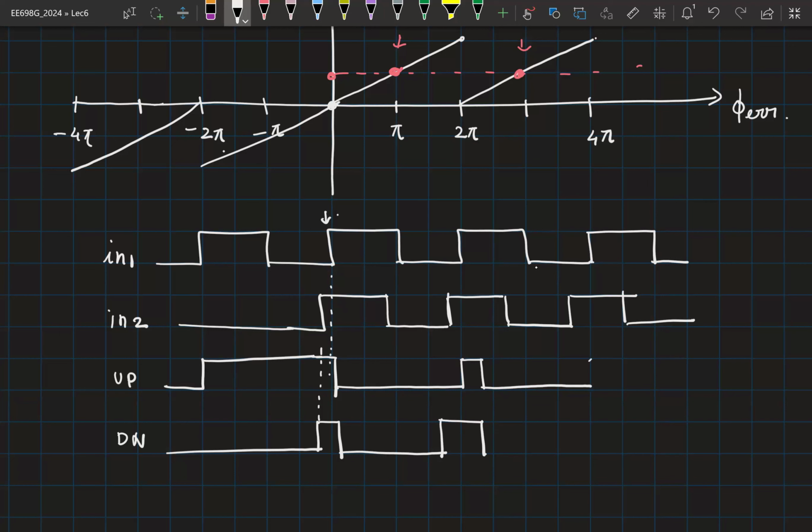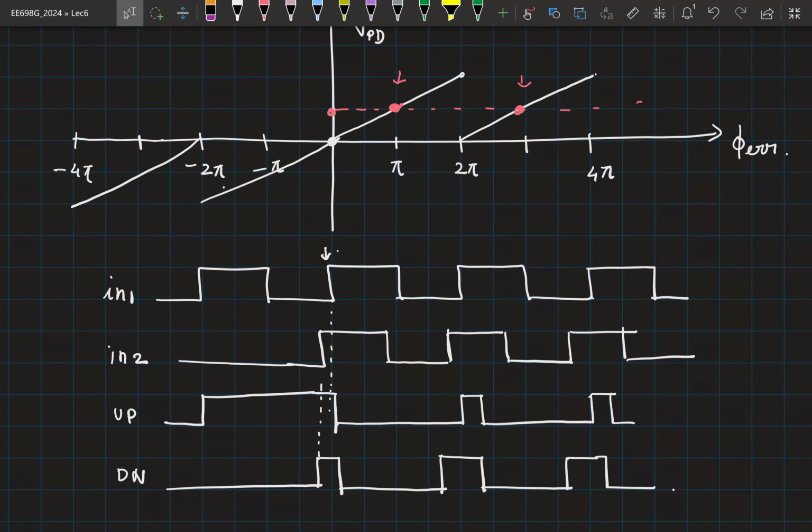Again, up will come high here. And the down is going to come high here. And then both of them will come down after a T reset. So your PFD is still giving you a phase error. It simply detects this as a negative phase error. So which means your characteristic is going to slightly shift.